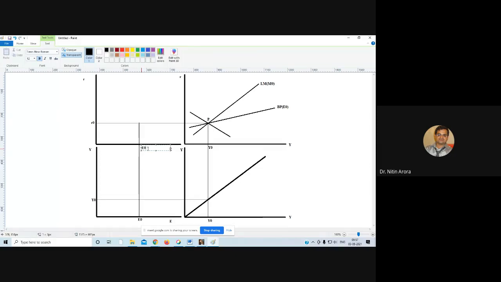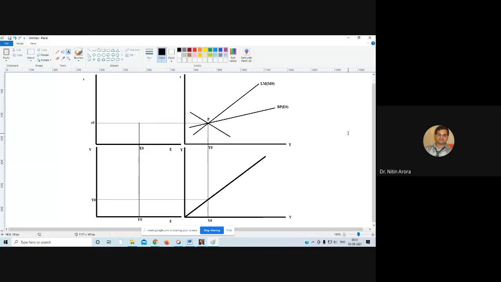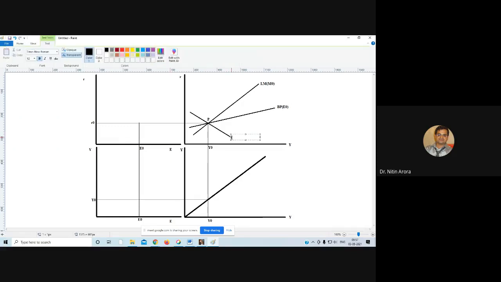In case anybody is having some problem, you can ask how these points have been drawn. Obviously, these points have been drawn where the IS, LM, and BP curves are intersecting each other.